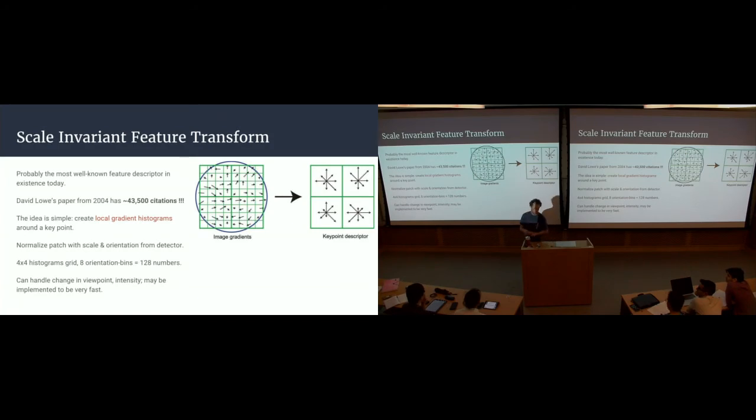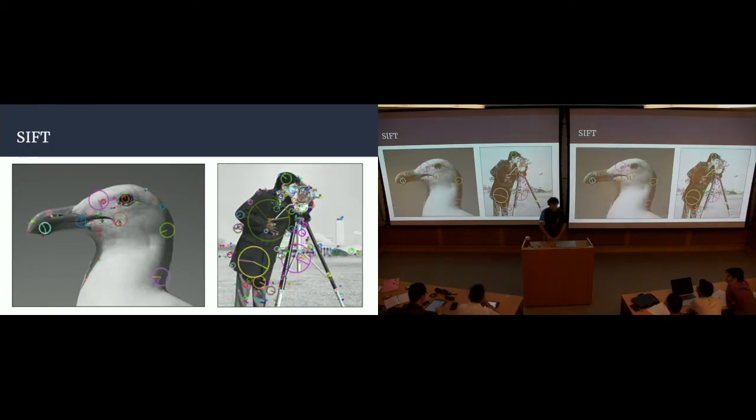And those 128 floating point numbers can handle big changes in viewpoint and intensity. It can be implemented to be very fast. I would also dare to say this is the most implemented feature detector there is, with dozens and dozens of implementations and flavors.